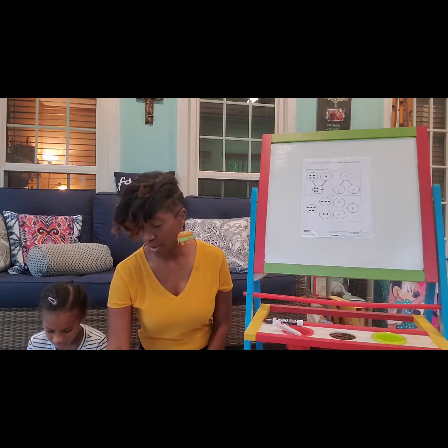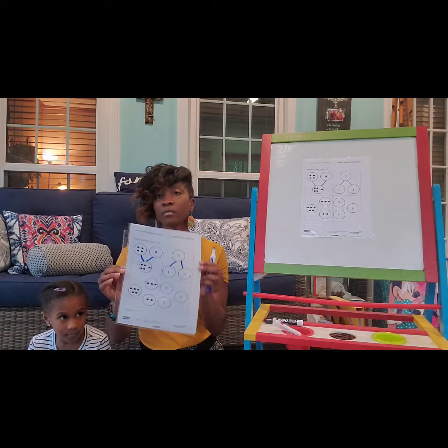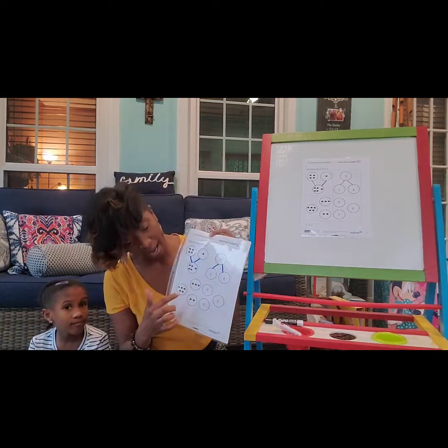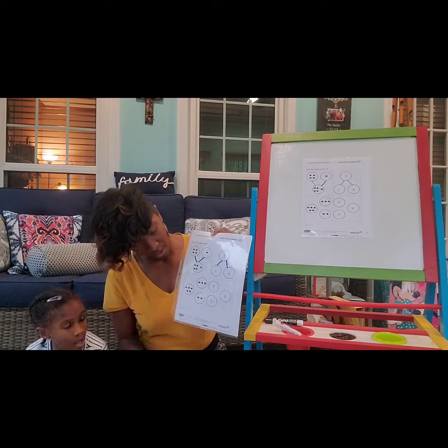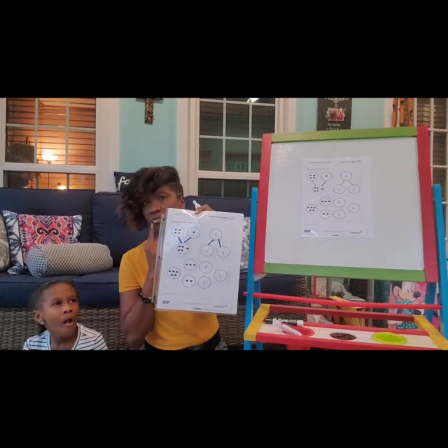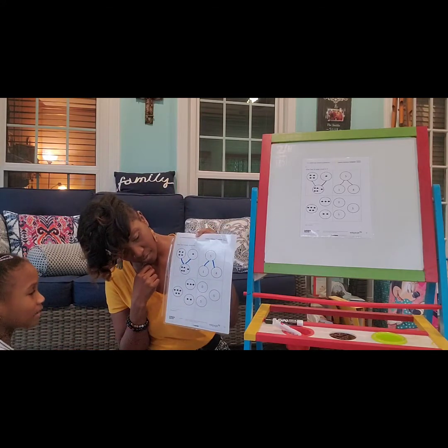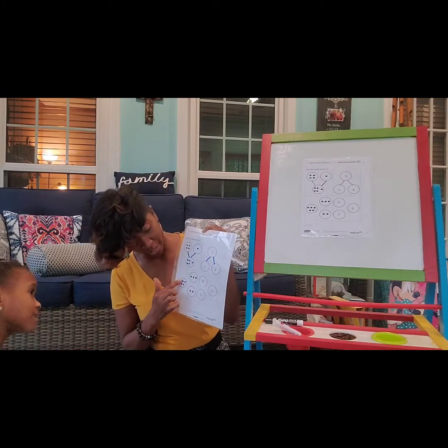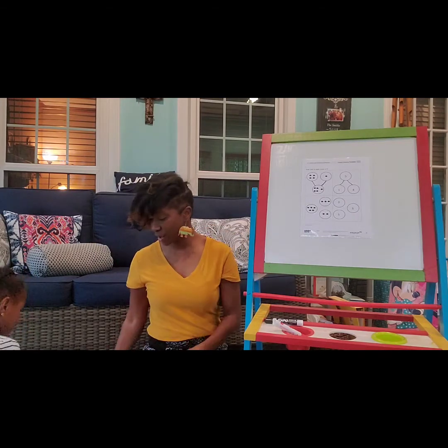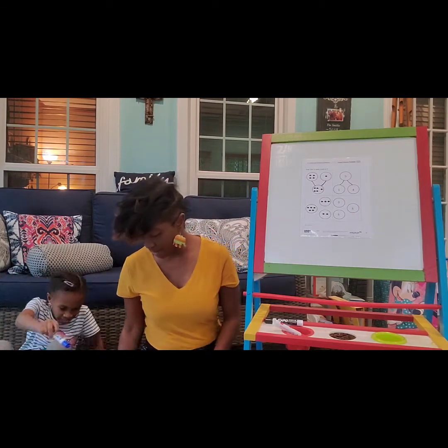The next picture we have, this time we have dots again, and which one is the whole? Which one do you think is the whole? I see 3 and 2, that makes 5. Oh, 3 and 2, that does make 5, so that's the whole. So go ahead, Charlotte, and draw your lines.